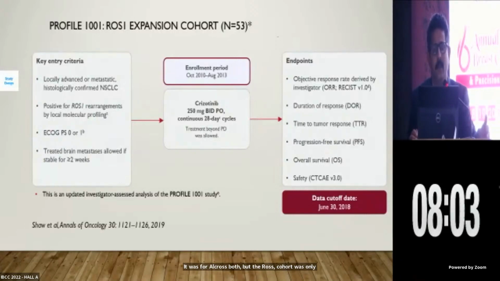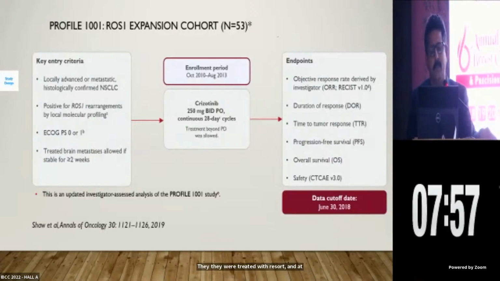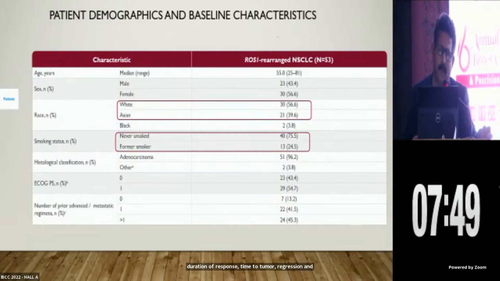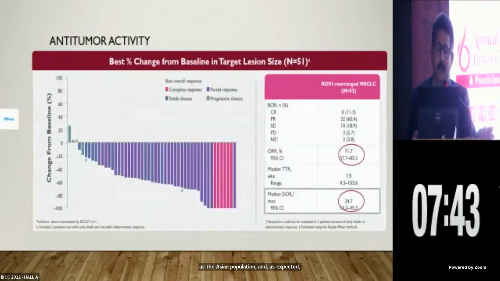Treated brain mets were allowed. They were treated with crizotinib 250 milligram twice a day, and the endpoints were objective response, duration of response, time to tumor regression, and progression-free survival. A fair mix of patients, Caucasians as well as Asian population, and as expected, 75% of these patients were non-smokers.